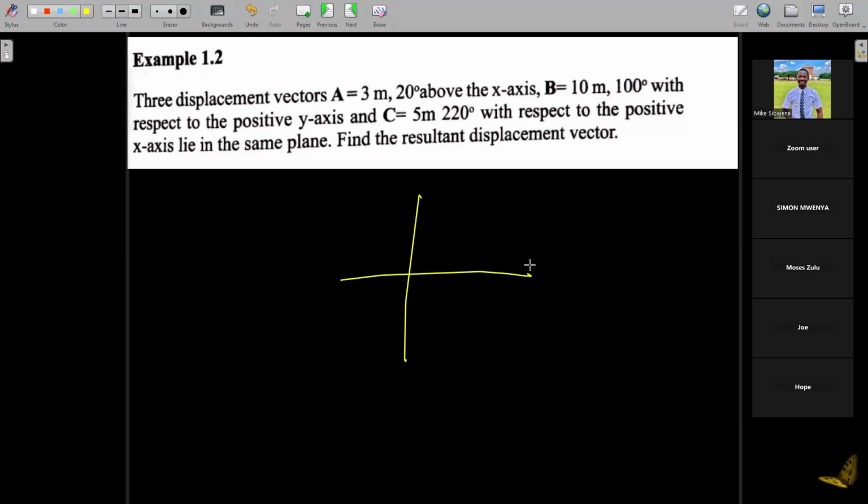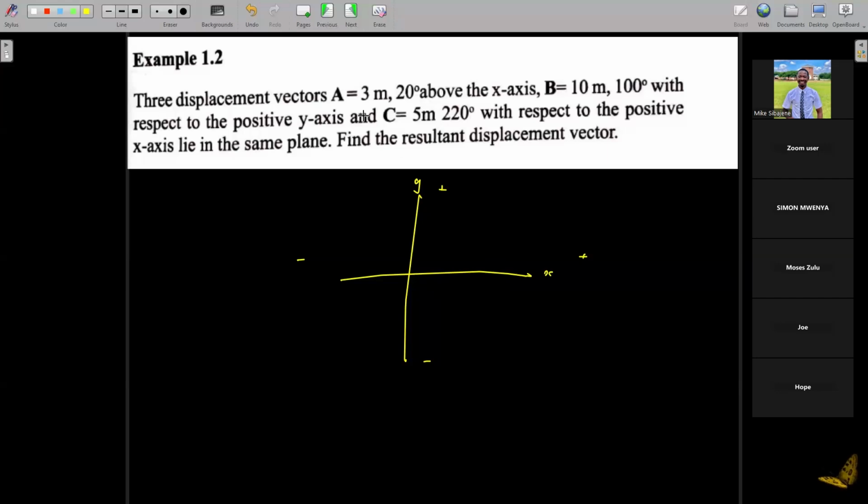So we have something like this. This is our y, this is our x. Let's take this side to be negative x, then this side to be positive x. Let's take that side to be positive y, and that side to be negative y. So we have 3 points: point A, point C, and point B.